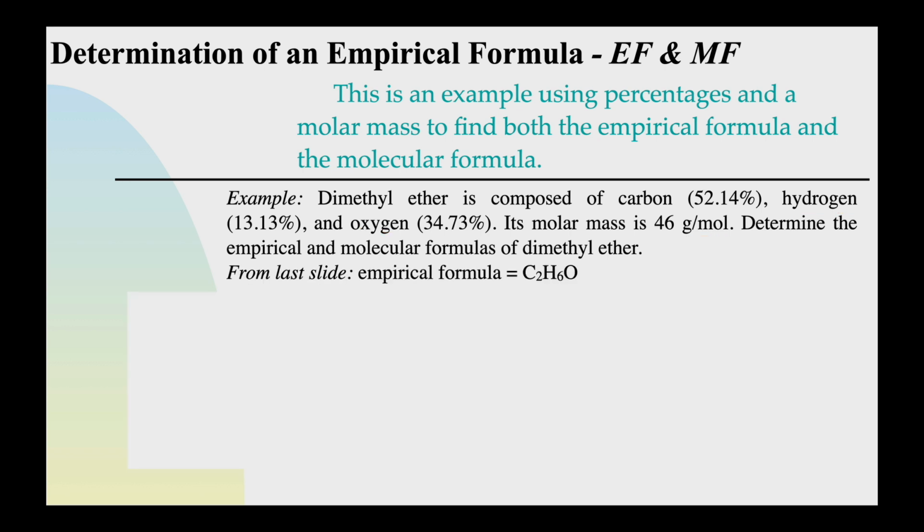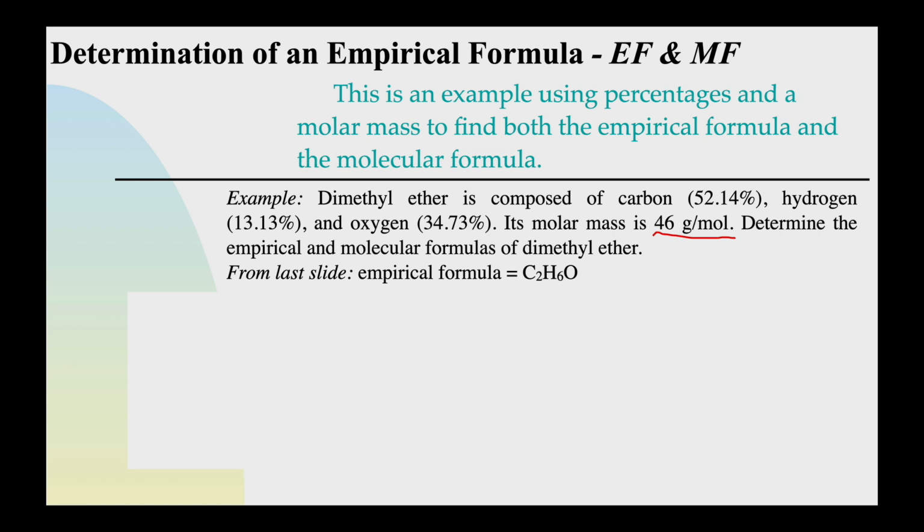In the last slide, we found the empirical formula was C2H6O. We want to use this formula and the molar mass of 46 grams per mole to find out what the molecular formula is. And like in the example we did earlier, we're going to find the empirical formula's molar mass, compare it to the molar mass of the whole thing, and get a whole number.